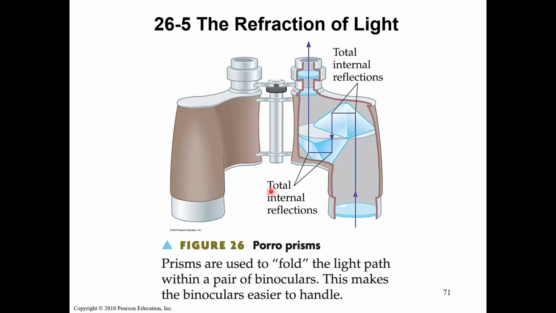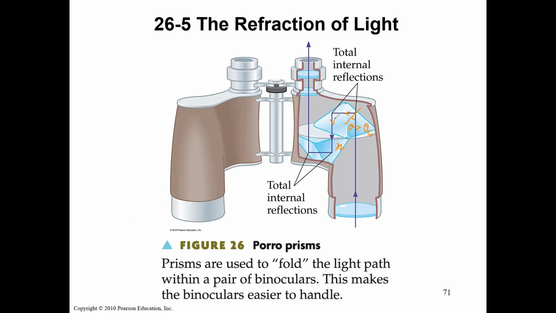For example, inside this pair of binoculars, they use a special material with a given refractive index n, and they design the light path so that the light hits the prism at an angle that is larger than the critical angle. So there is no refraction, and all the light will go through total internal reflection.